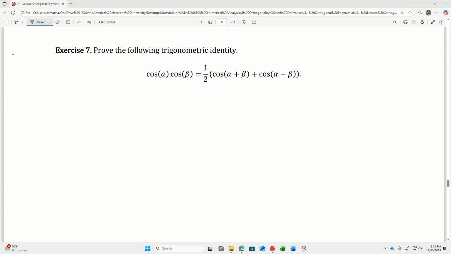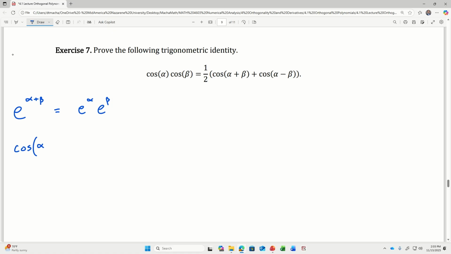Prove the following trig identity. Well, for one thing, I think we maybe already proved the identity for cosine of alpha plus beta. My problem is I can't remember it. And so what do I do if I can't remember something? Redo it? I prove it from scratch again.